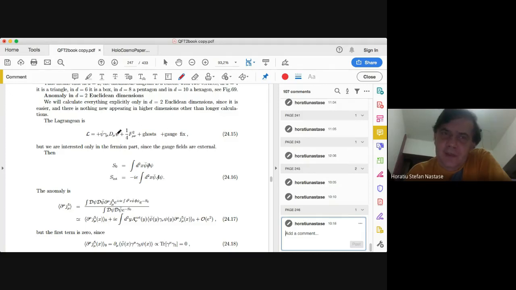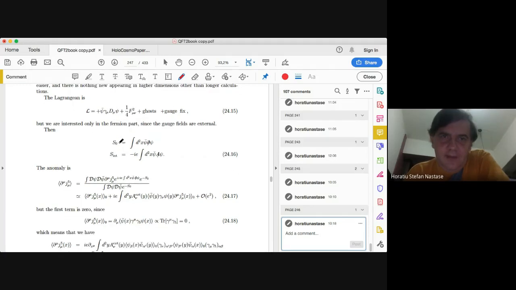We're just interested in the massless fermions, and the gauge field that comes in the covariant derivative is thought of as some external field. So we can forget about this. We can just say that the kinetic part S0 is psi bar del slash psi, and the entire interaction part is minus i e integral psi bar A slash psi.